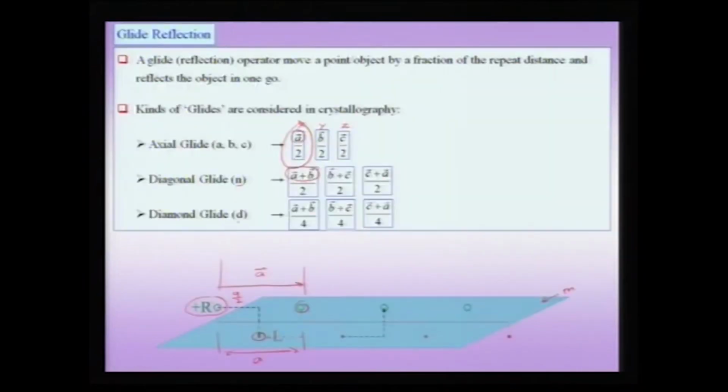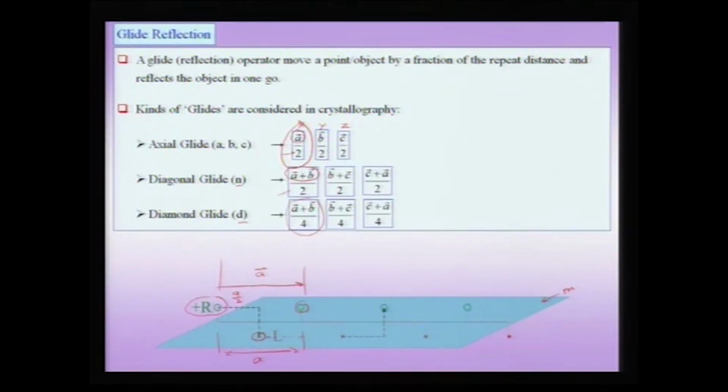You could have a diagonal glide which has a translational component of A plus B by 2, that means it is not along the face diagonal, or you could have, as we have seen before, a diamond glide in which the translational component is 1/4 and not half, as in the case of the axial glide or the diagonal glide.